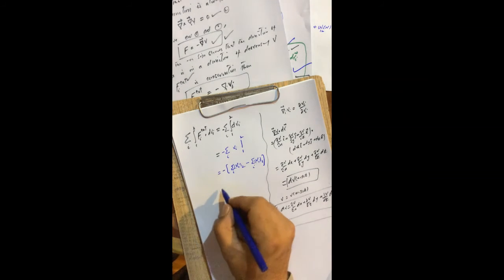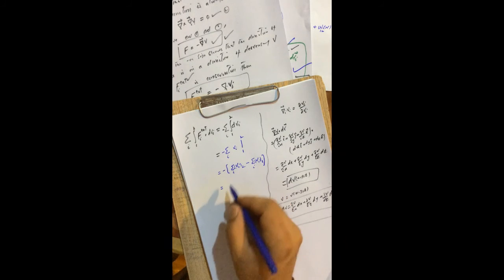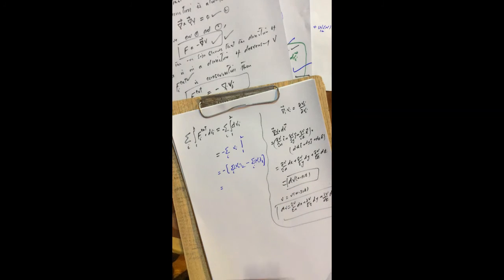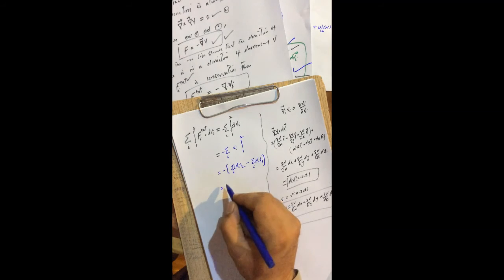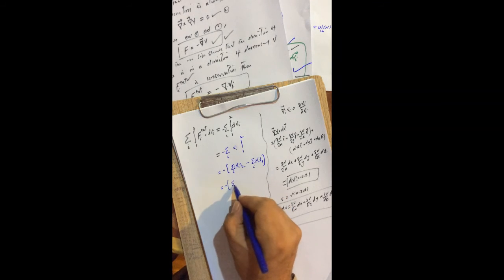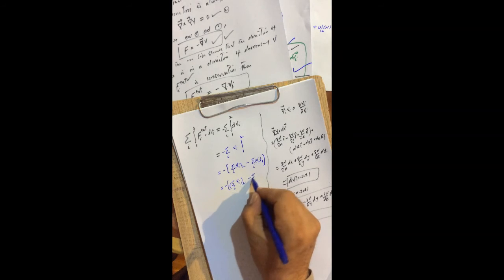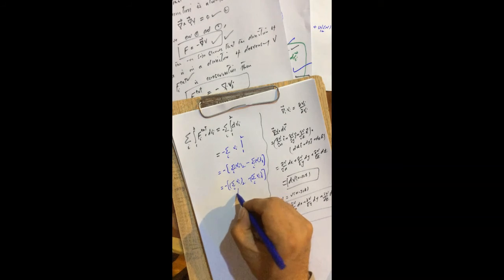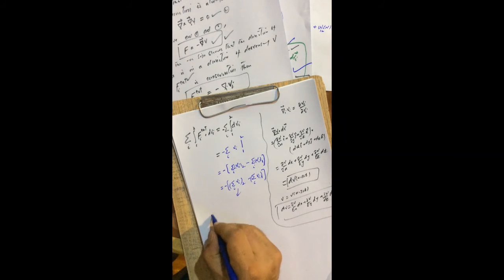Now I'll bring the minus inside, or I can keep it like this. So I can write it as minus sum over i V_i at 2, minus sum over i V_i at 1.